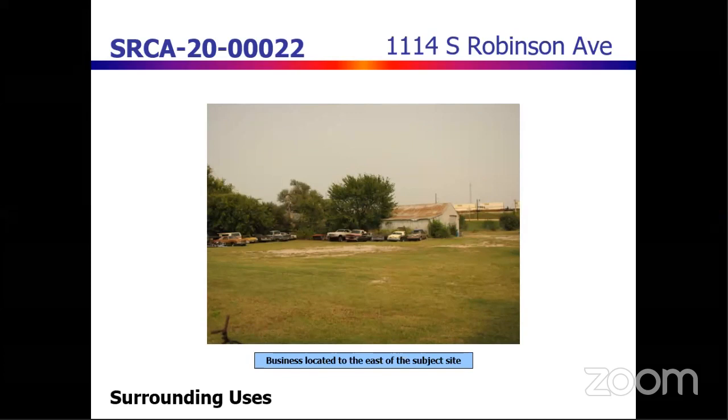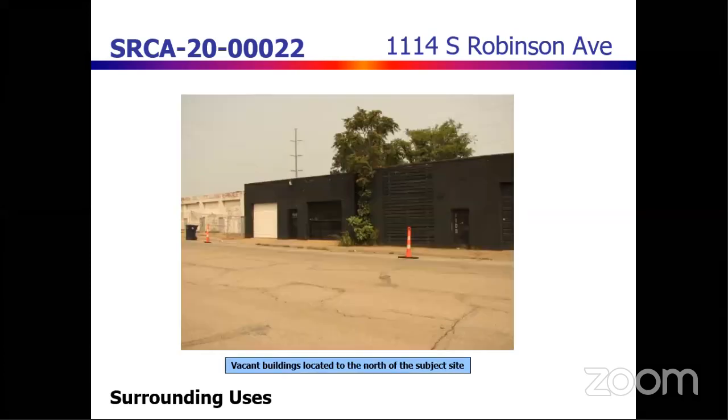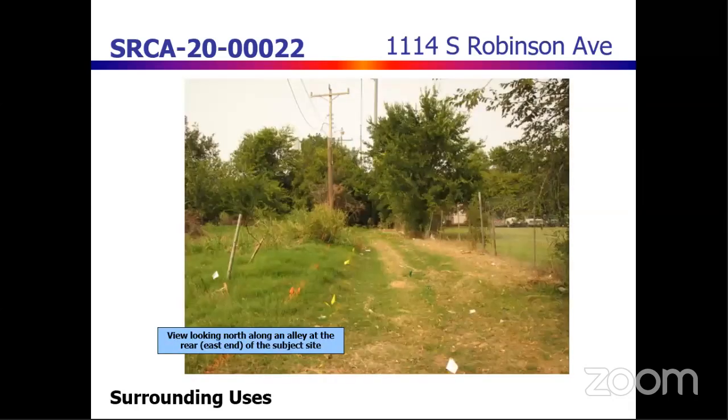And we questioned the significance on this one, even though the intensive level survey done in 2012, which is phase 4, indicated that this was contributing under criteria A, commerce, and C, architecture. I understand the commerce, but not necessarily the architecture.